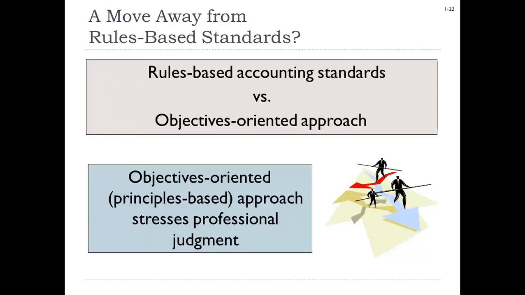Those are rules-based, very strict, very narrow rules. On the other hand, the objective-oriented approach, more often called principles-based standards, has no specific set of rules, but just a general objective that guides organizations on how they should do things.